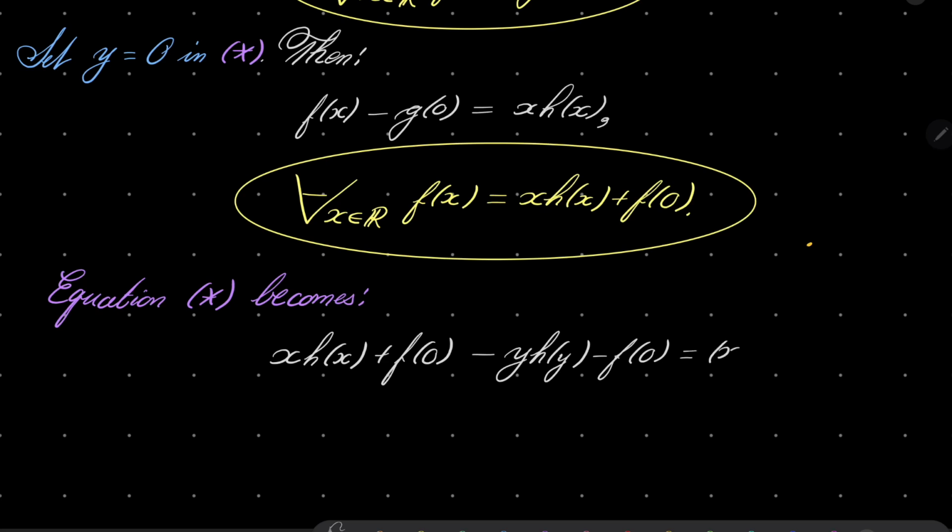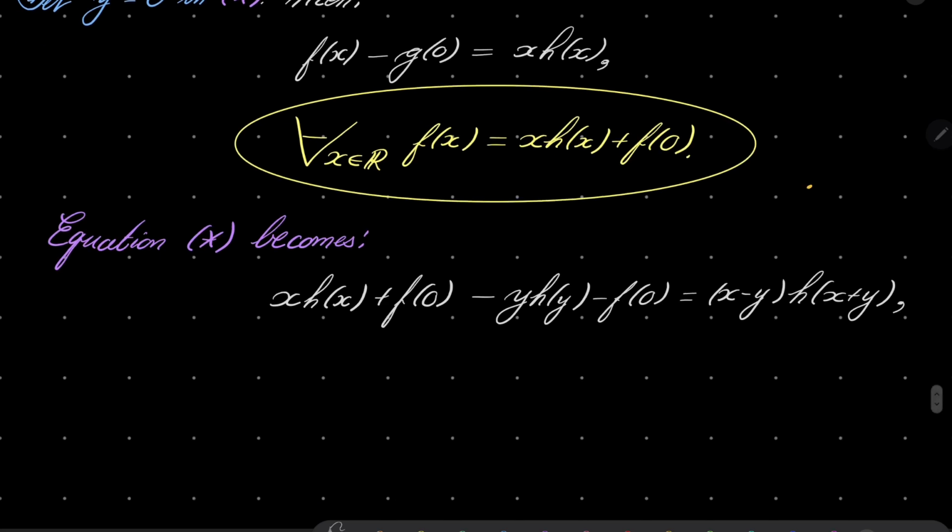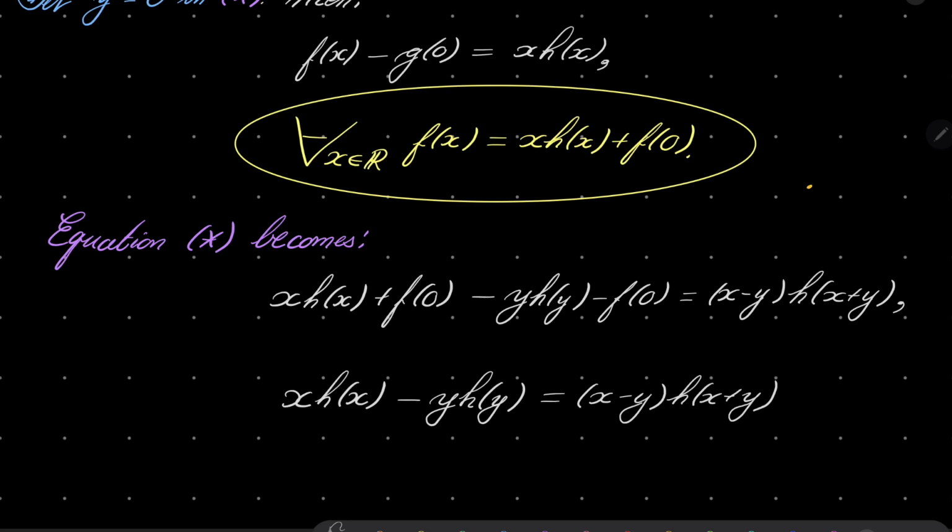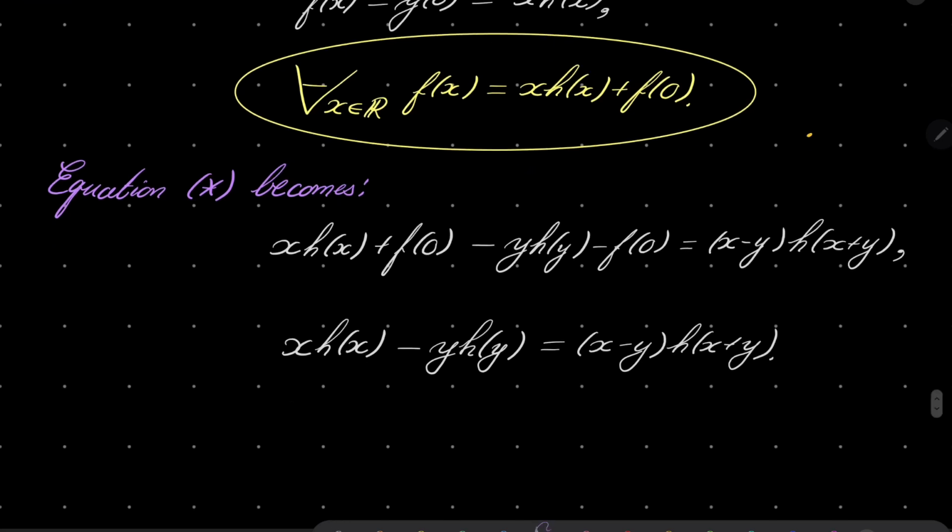And that equals x minus y, h of x plus y. Again, f of 0 simplifies, and we have the following equation. Let's call it double asterisk.